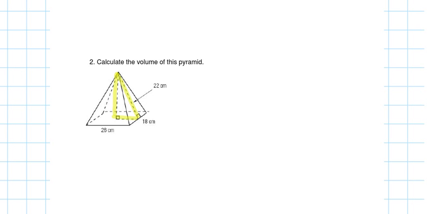So if I look at the right angle triangle, I have, this is side 22. What would be my base here? 13, which is half of the length. And then I'm looking for the height.